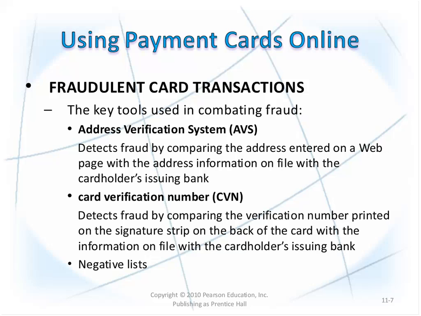The other tool is card verification number, or CVN. CVN detects fraud by comparing the verification number printed on the signature strip on the back of the card with the information on file with the cardholder's issuing bank. This one tries to find the fraud by comparing the verification number.